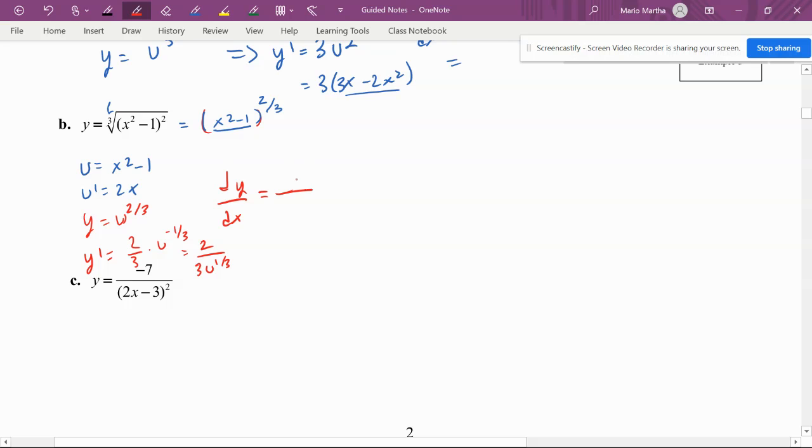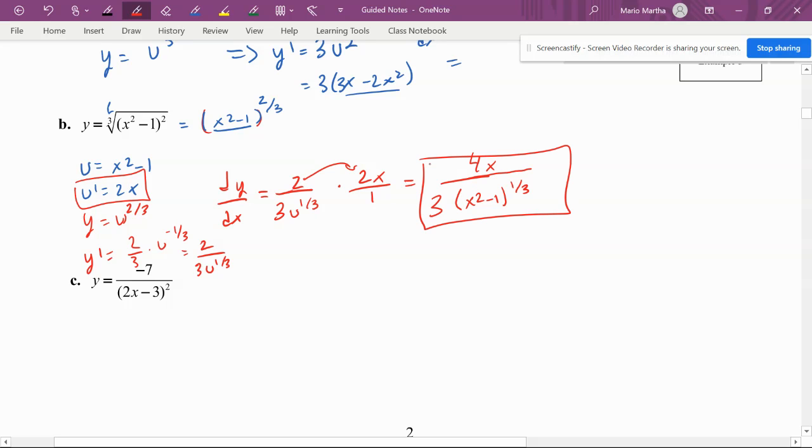So that would be 2 over 3u to the 1/3 times the derivative of the inside, which is just 2x over 1. Resubstitute, so we're going to get 2 over 3 times x squared minus 1 raised to the 1/3. And then 2 times 2x gives us 4x. So that would be our y prime.